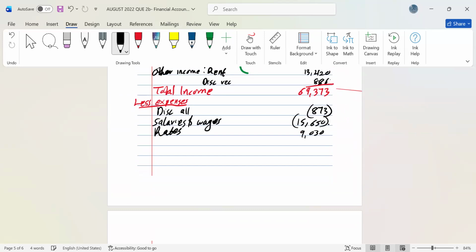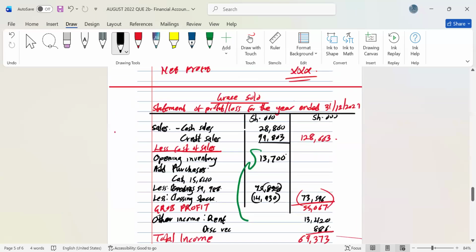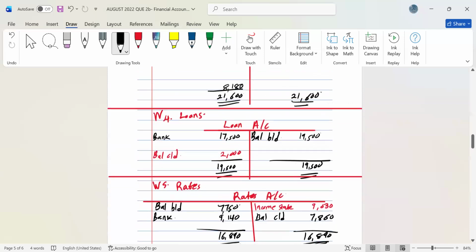Rates was 9,030. There was also motor vehicle expense. The motor vehicle expense, we had 10,320. That one is found in note number 1, pale kwa cash summaries. Then did we have anything to do with bank charges?